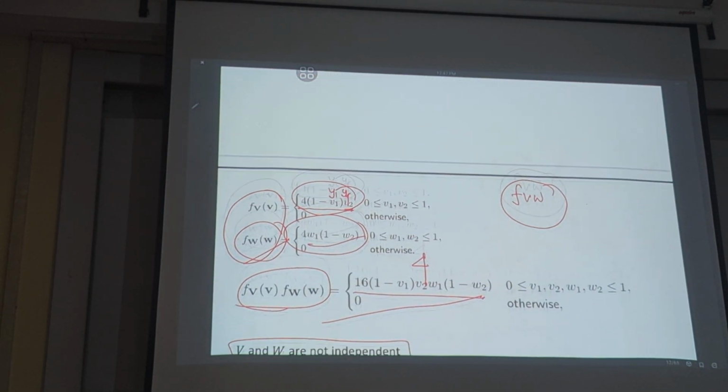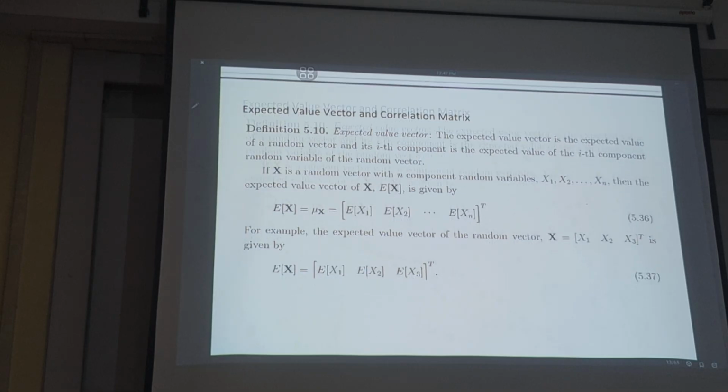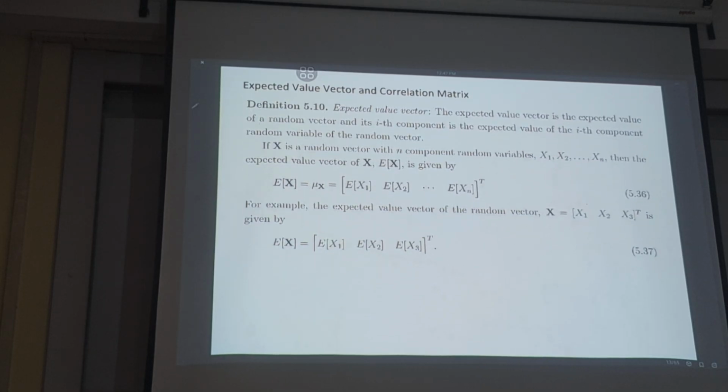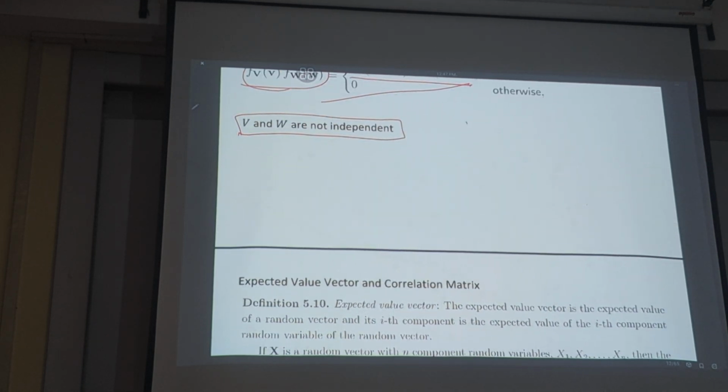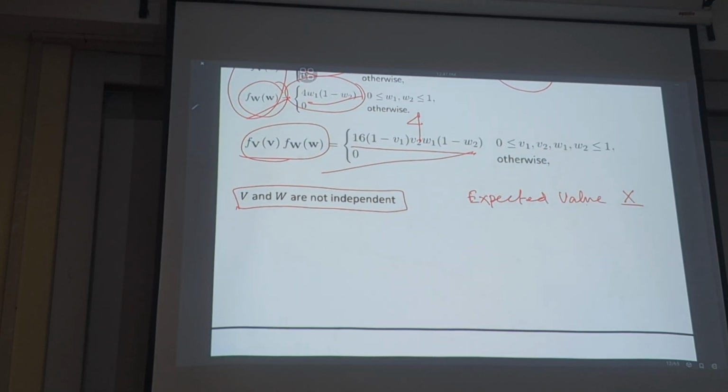Okay, leave it here. Now, 2 most important terms. There will be the expected value. Let us first understand the expected value of a random vector X. What will be the expected value?